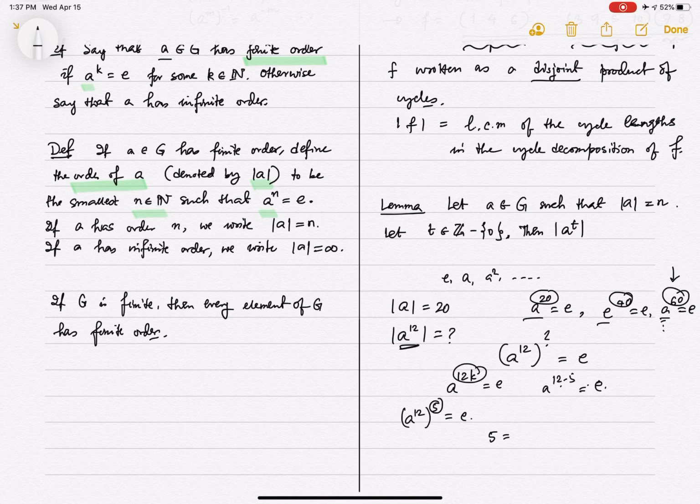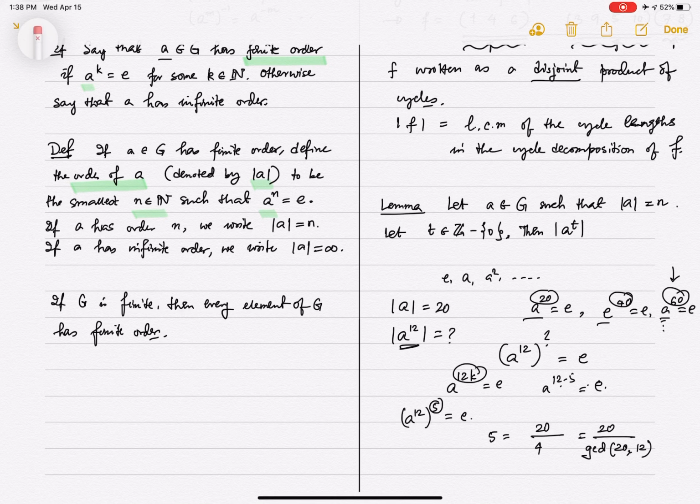And how did you get this 5? If you think about this a little bit, the 5 is really 20 divided by 4, and this 4 is really the GCD of 20 and 12. That's the genesis of this 5, if you unpack what is going on.